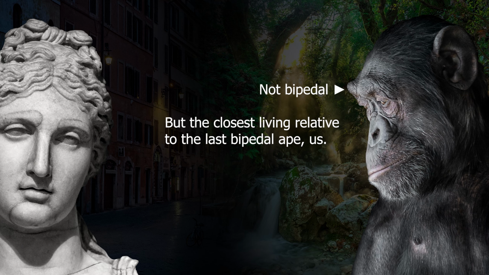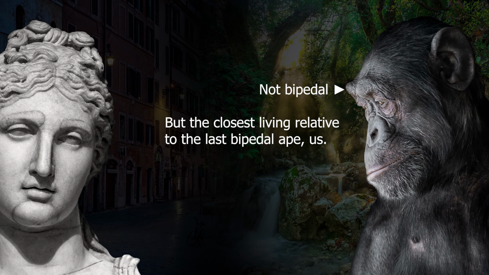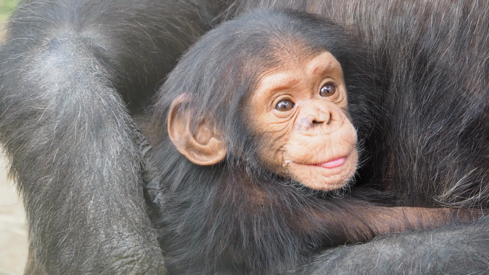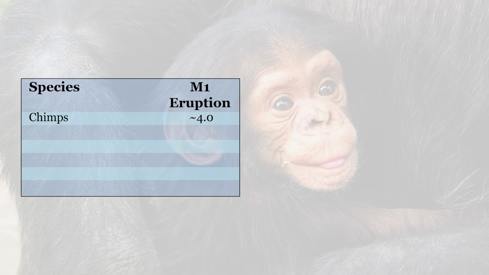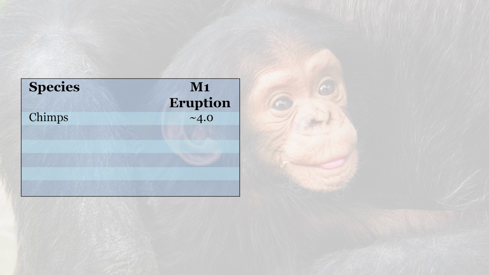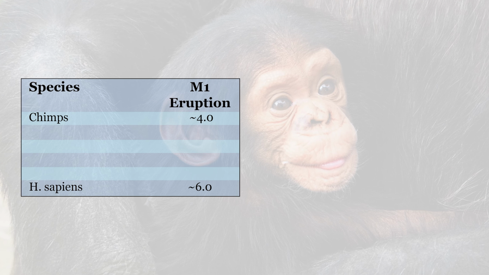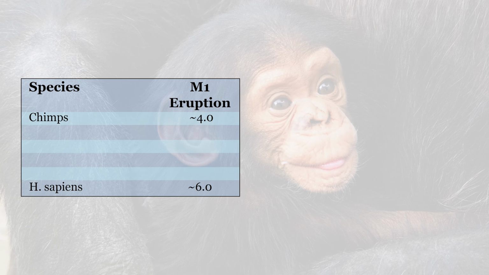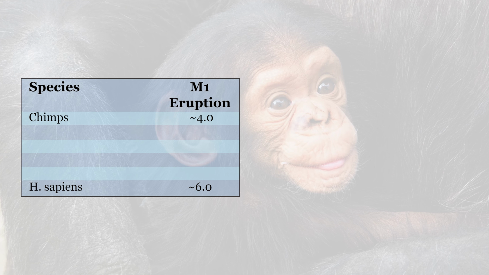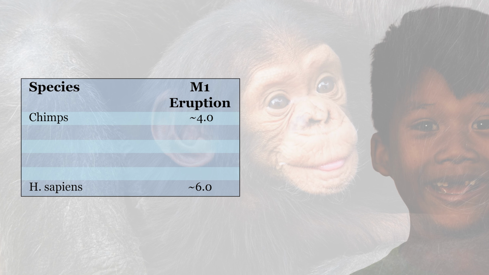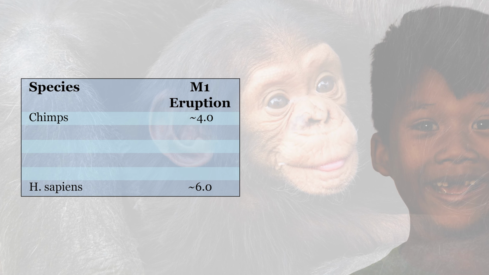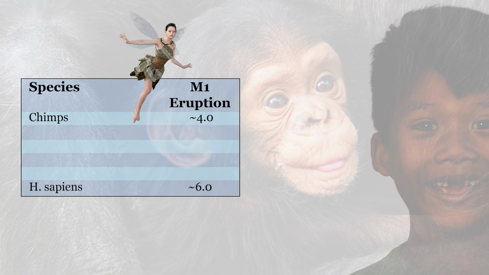For example, chimps on average, their first molar erupts from their gum at about 4 years old. And for humans, that's at about, on average, 6 years old. I guess I should back up and point out that what we're really talking about here is whenever a 5 or 6 year old kid loses their milk teeth, and the tooth fairy pops up and gives the kid a dollar.